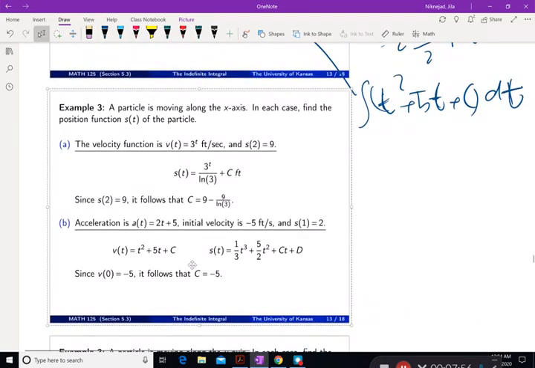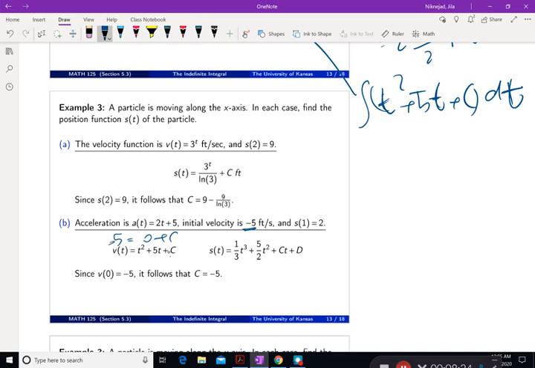So if I plug in the values for v, the initial velocity v at 0 equal to negative 5, I plug in 0 in here, and for output you get negative 5. Oh sorry, the initial velocity is negative 5.